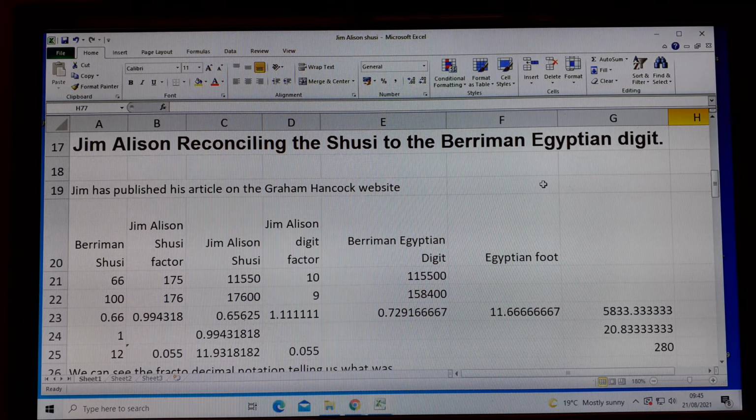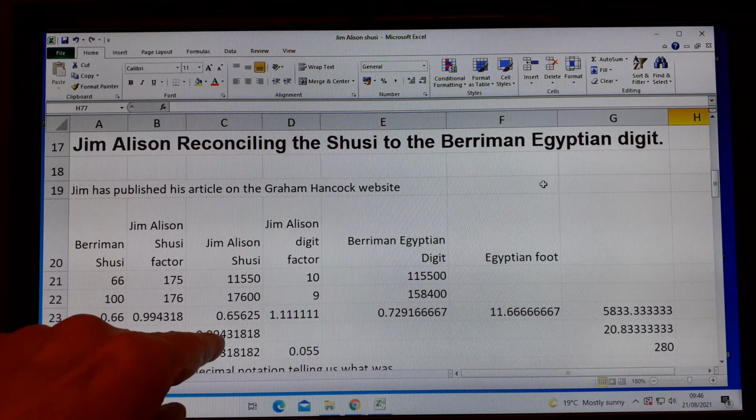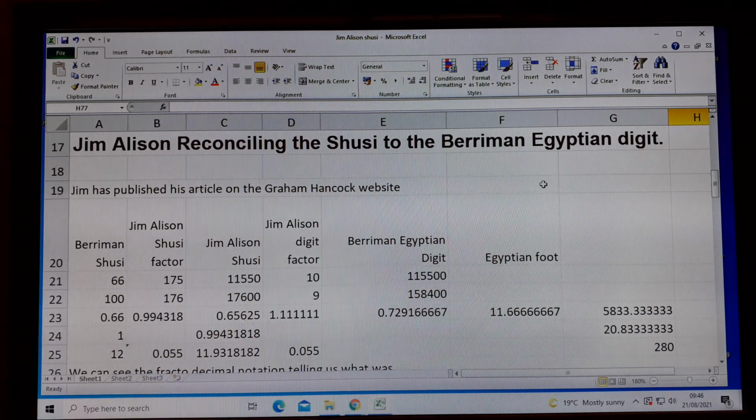There's a huge amount to go through just in this one page. On top of that, we're using this factor that Jim has produced, of 175/176, and as a decimal it's 0.9943181818 recurring.